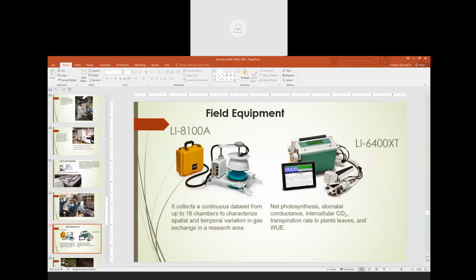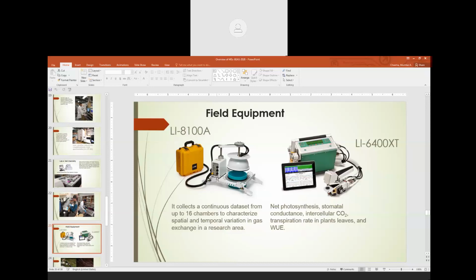This is Licor 8100A. This is basically used for soil respiration. Now, we purchased this year, spending $75,000, a gas analyzer. This is FTIR technology. We have not tested it yet because there were some issues with the transportation. We have received it now.